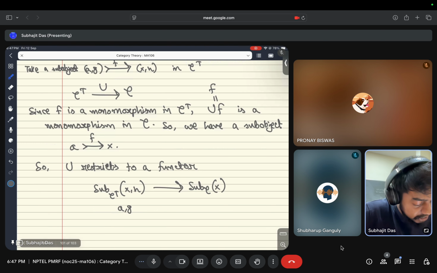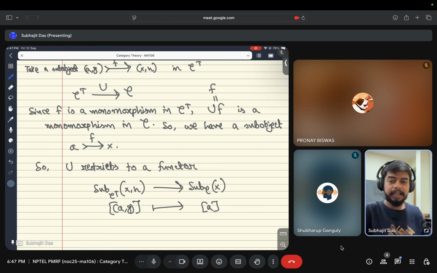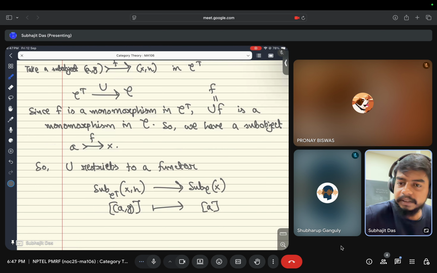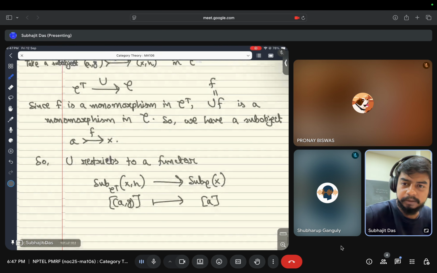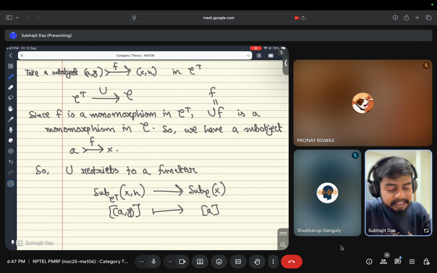It sends the equivalence class of some object, some arrow, to the class of A. I should also mention the arrow F here, but it's understood. U restricts to a functor like this, which is defined on objects in this way. We don't need to worry here about the morphisms, because all we want to prove is that this is a set.